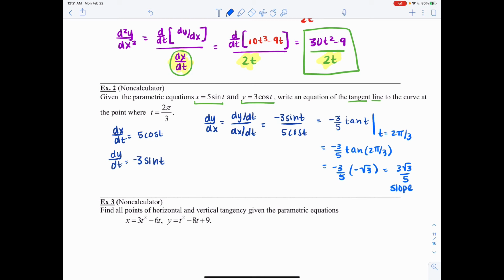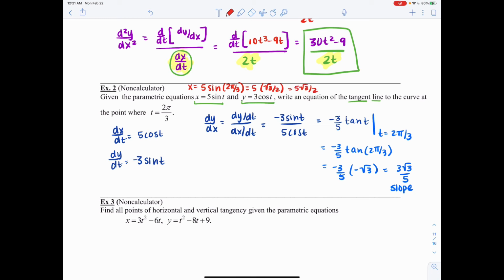Now here's where the fun begins. What do you need to write a tangent line? You need a slope and you need a point. I have a slope. I don't have a point. So that means we need to go up here and we need to find 5 sine of 2 pi thirds, which is going to give me 5 times root 3 over 2, or 5 root 3 over 2.